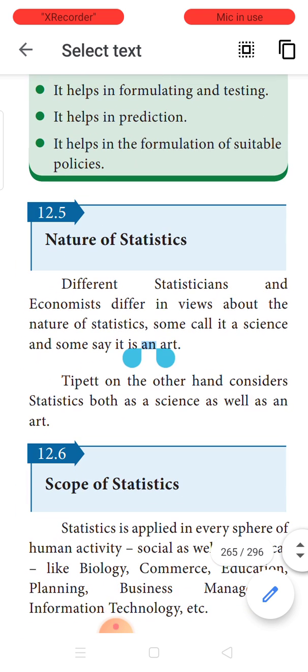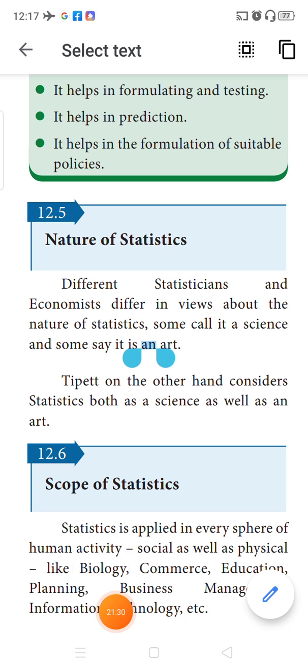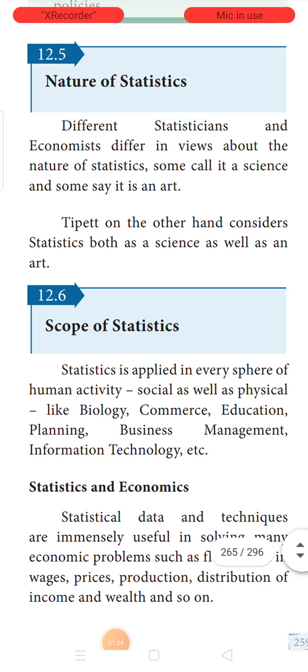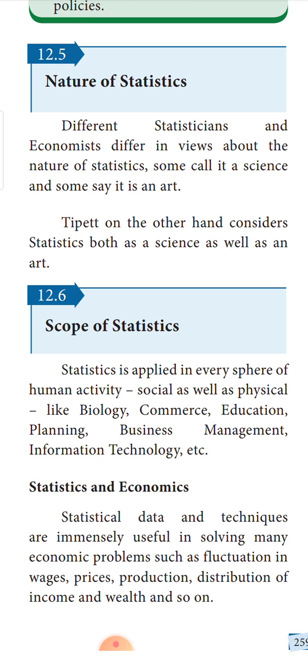Next is the nature of statistics. When we learn about the nature of statistics, there are different economists who view statistics from their own point of view, from a different angle. So there is much difference of opinion with regard to the application and the nature of statistics.